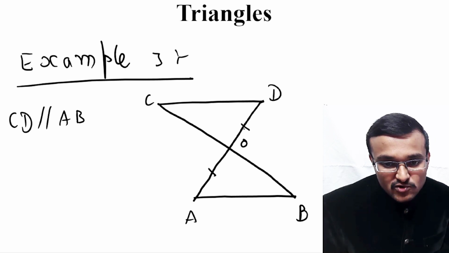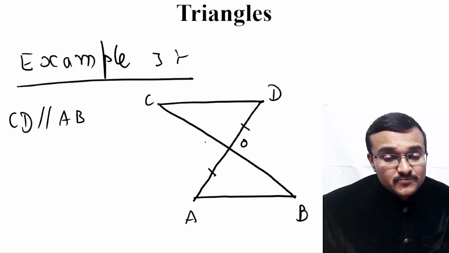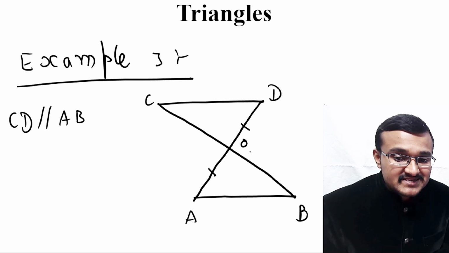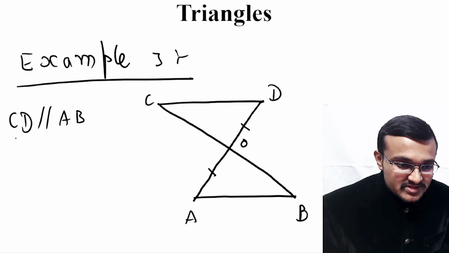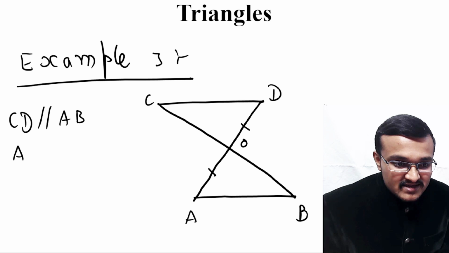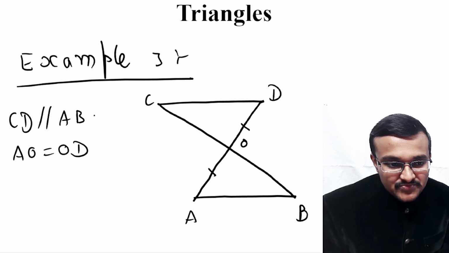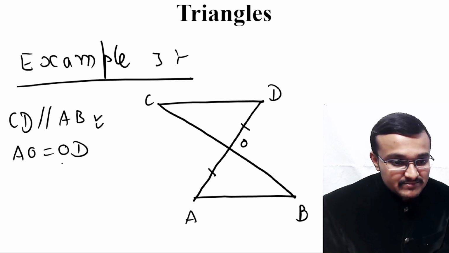So that means AO and OD are equal to each other. And they have given CD is parallel to AB. So the data which they have given here is AO is equal to OD and CD is parallel to AB.